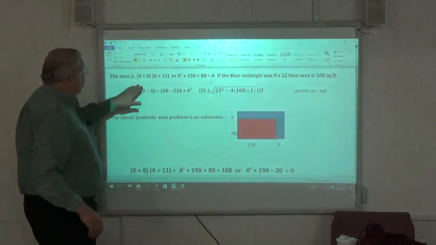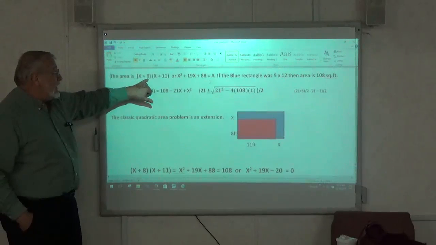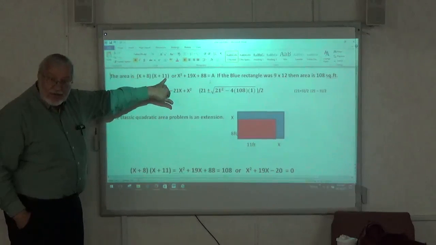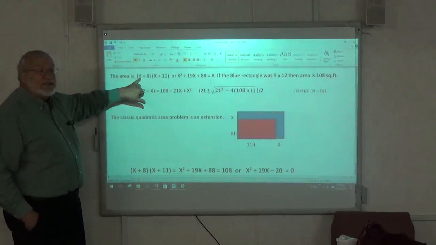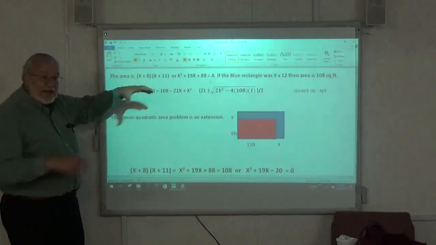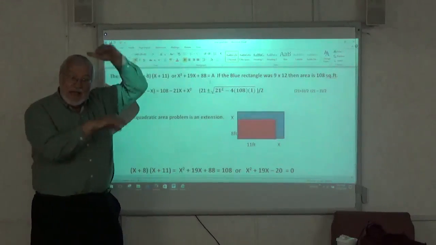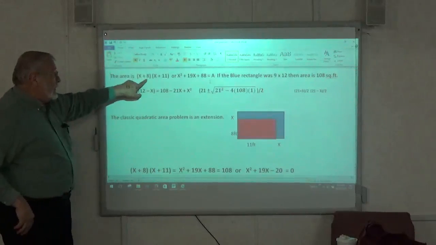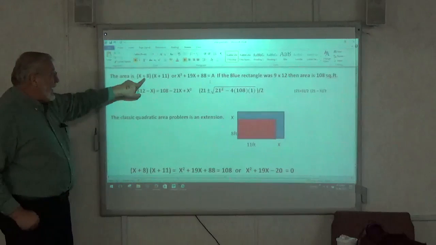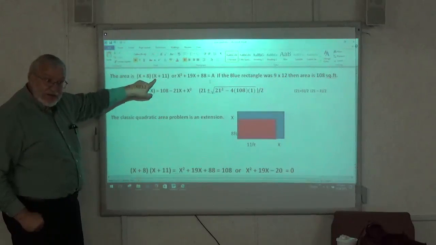So, if the area of a rectangle, instead of being 8 by 11, which would be 88 square feet, was extended by some value x in both length and width, then the width would be 8 plus x, and the length would be 11 plus x.